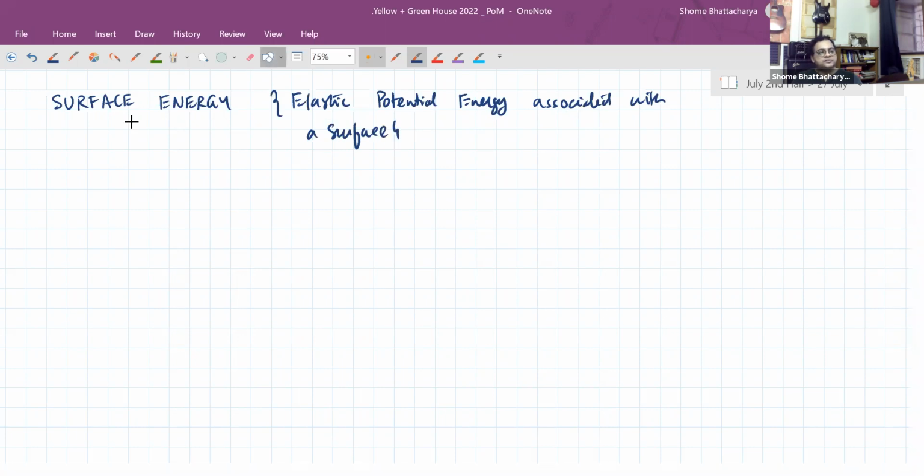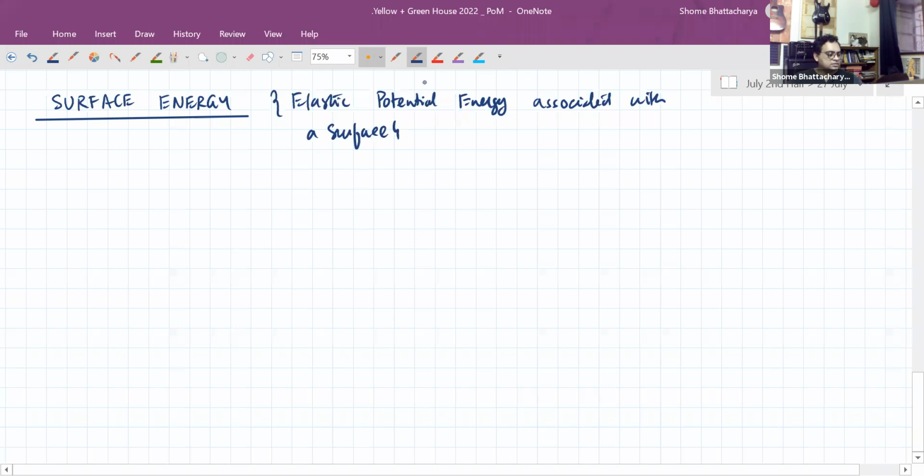Okay, so we define the surface energy as the work done by an external agent to create the surface, because to create a surface, you need to stretch the molecules out against the internal conservative forces, which are the surface tensional forces or the cohesive forces. So in order to create the surface of liquid, a certain amount of work has to be done against those cohesive forces or against those surface tensional forces, and that work gets stored in the system as surface energy or as elastic potential energy.